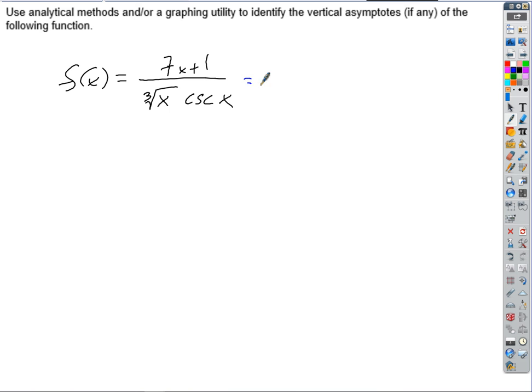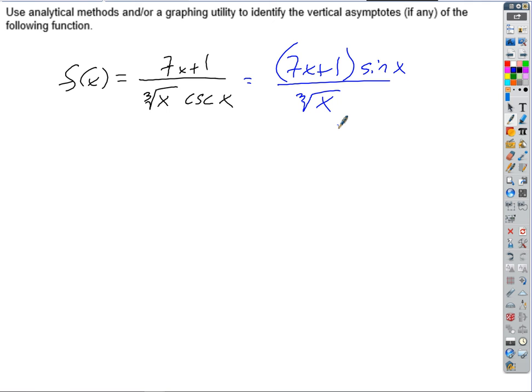Okay, so we could rewrite this as the quantity 7x plus 1 times sine x over the cube root of x. Well, where are vertical asymptotes? Where could they exist here? I mean, what's going to happen to cause it to be a vertical asymptote? Denominator 0. Yeah.